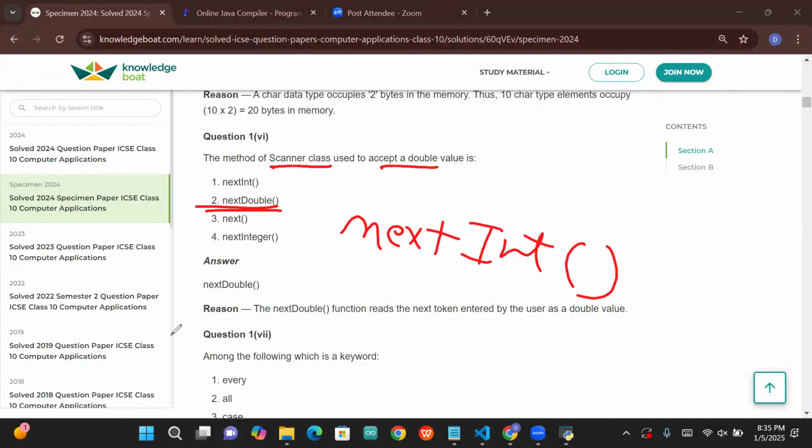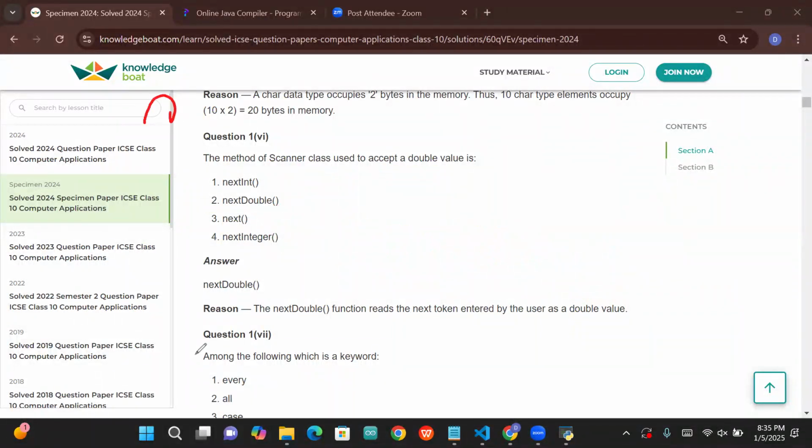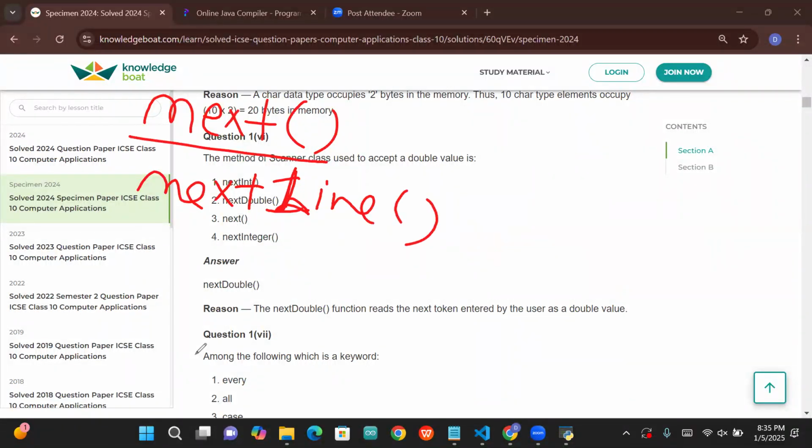And one question they ask again and again in the papers. In the last 15 years, they asked this question 6 times. The difference between next and nextLine. next is used to read only one word.